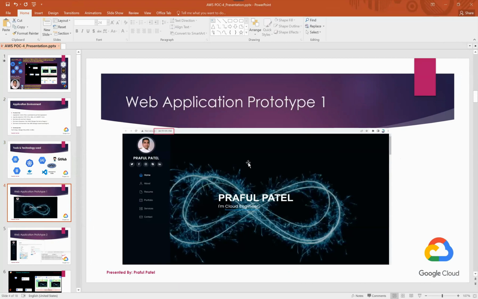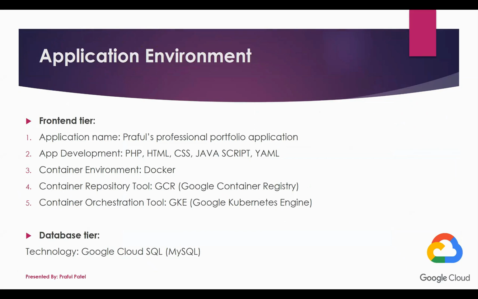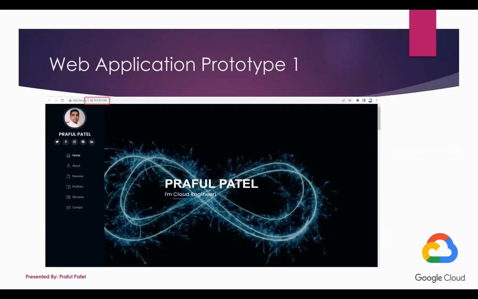this is the web application portfolio. I wanted to show you how it looks when deployed in the browser. This is my personal professional portfolio, customized based on my requirements.